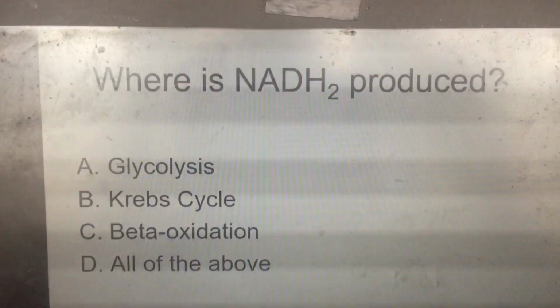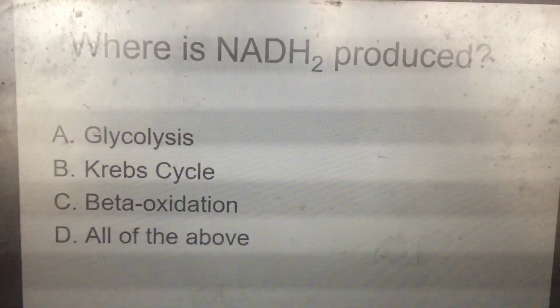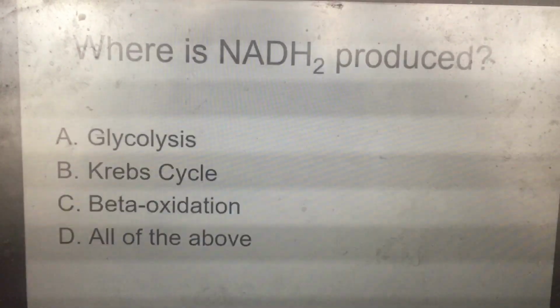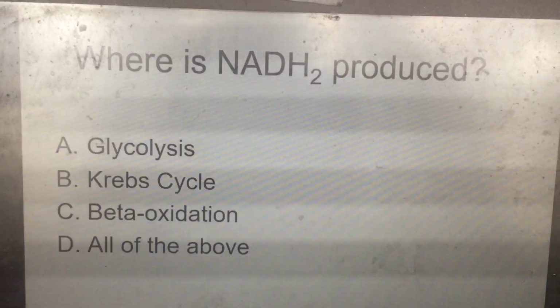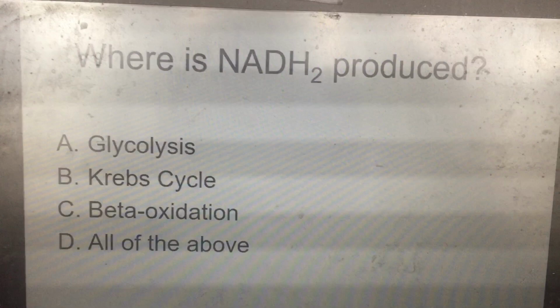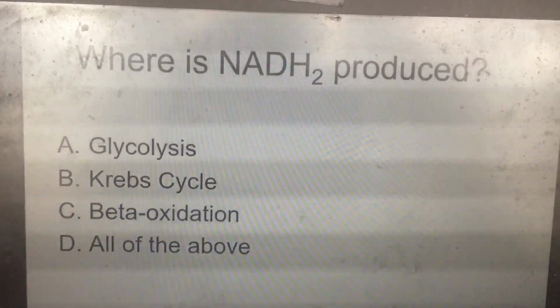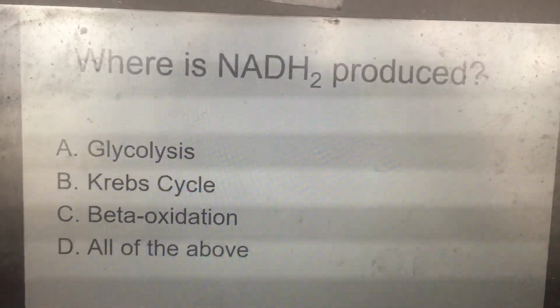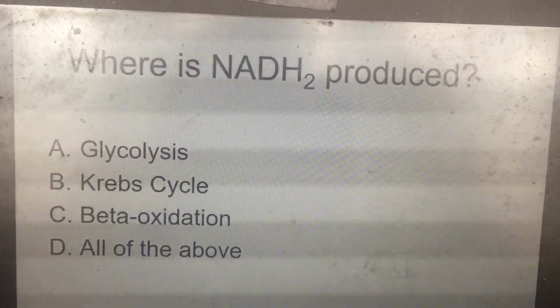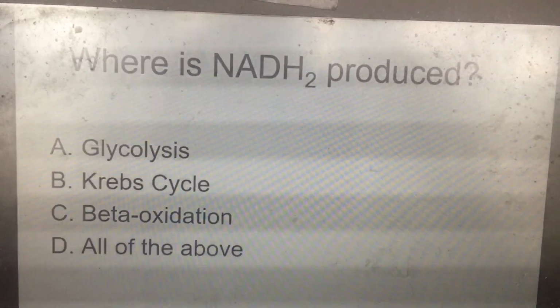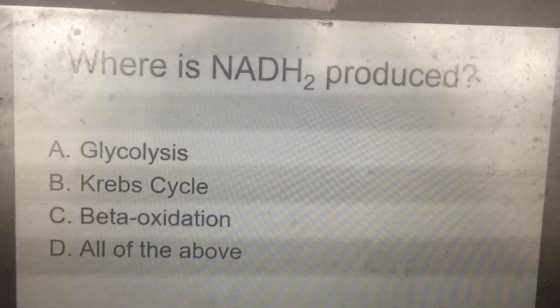Where is NADH produced? The correct answer to this one is all of the above. So recall in glycolysis that you produce NADH, and if you're exercising aerobically, the hydrogens from the NADH can be taken up by the mitochondria and eventually delivered to the electron transport chain.